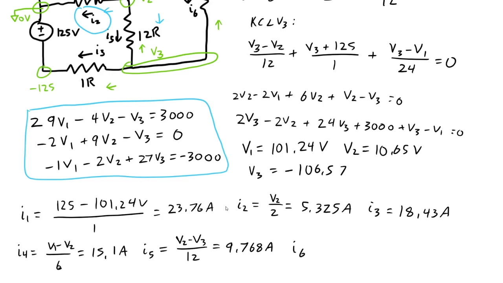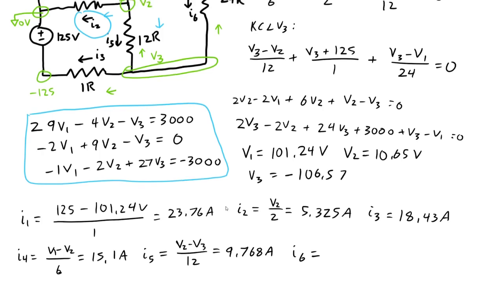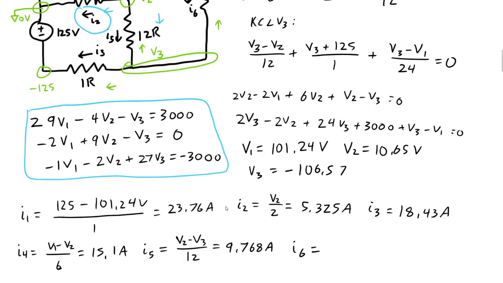And for I6, I believe it's V1 minus V3 divided by 24. All right, so 101.24 plus 106.57 divided by 24 is 8.65 amps.